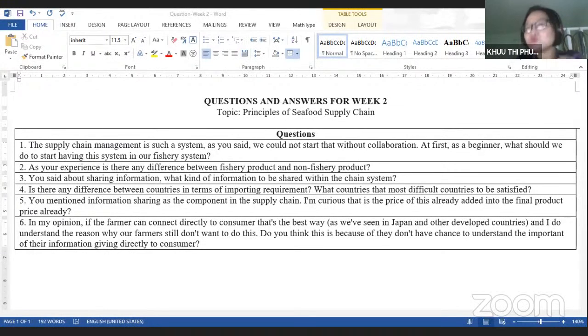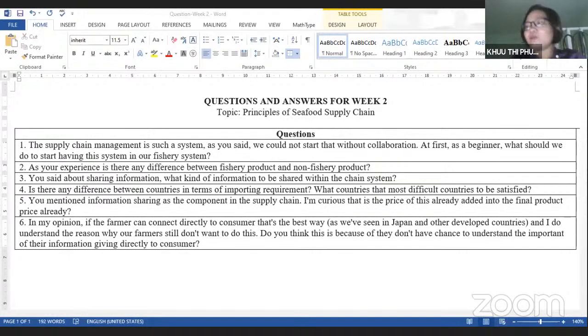We do that because we cannot work by ourselves, as individuals. We have to collaborate first, and in the management process of supply chains, we have to focus on the 3 flows.